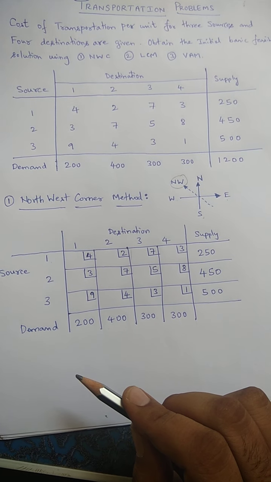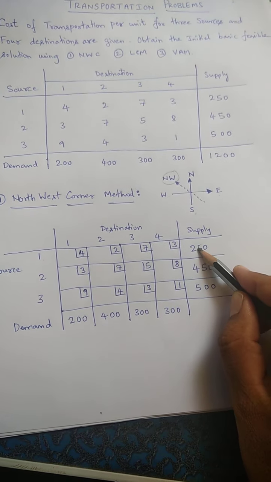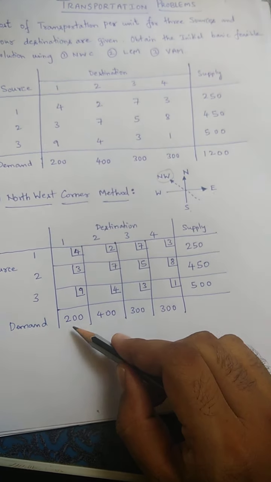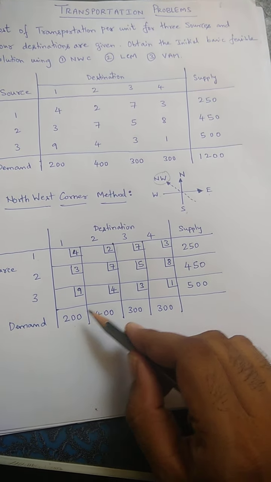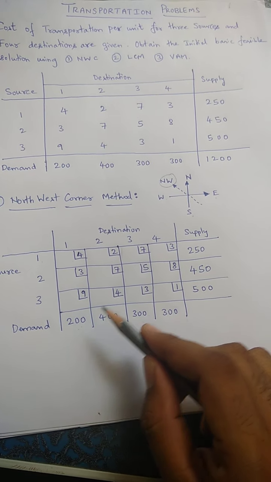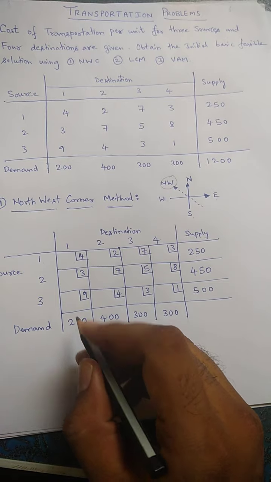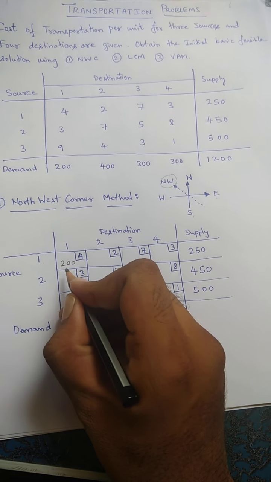How to do the allocation? You have to check the supply for the respective cell, that is 250, and the demand for the respective cell, which is 200. Among 200 and 250, which is the minimum? We can observe that the minimum is 200. So I will allocate 200 units.